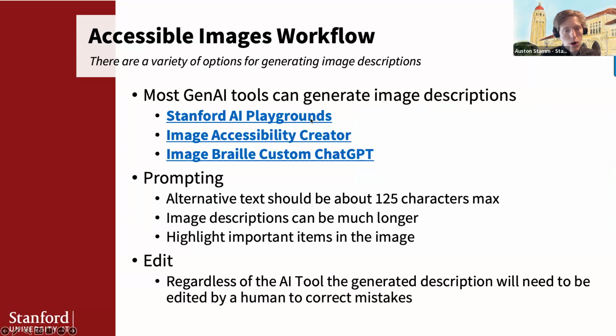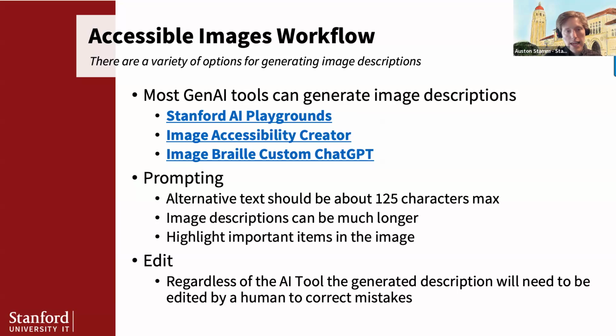So when thinking about some workflows to help speed up making accessible images or image descriptions, there are a lot of different Gen AI tools out there that you could use to just upload an image, and then they'll be able to write an image description or alt text.